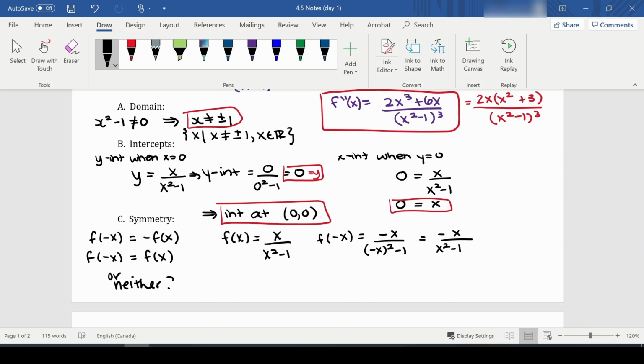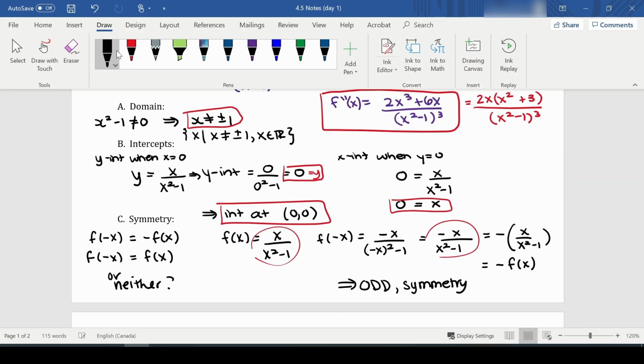So the question is, does this equal itself? No, obviously this is not the same as this, but this does equal negative x over x squared minus 1, which is negative f of x. Therefore, this is an odd function, and our symmetry is about the origin. If it didn't equal either, we would say neither, there is no symmetry.